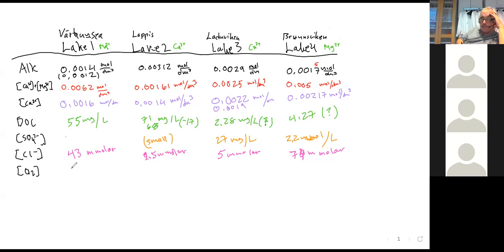Yeah, we have values for Lake Water 4, and it's 0.25 millimolar. And anyone else? We have 0.21 millimolar for Lake 2.